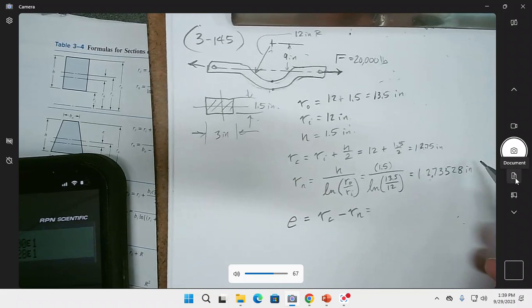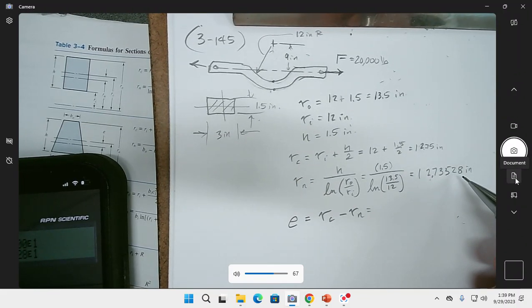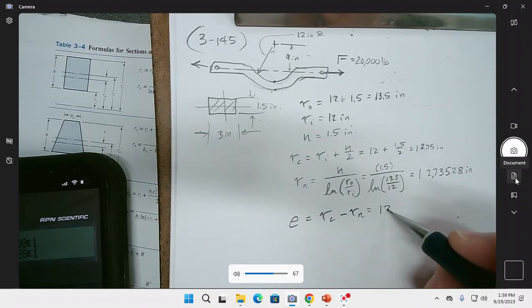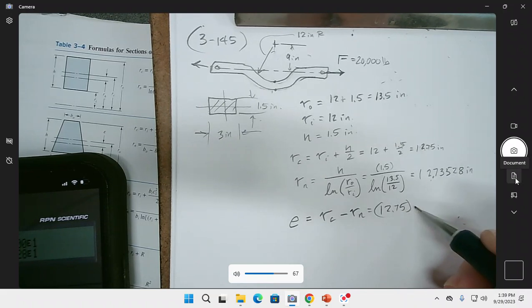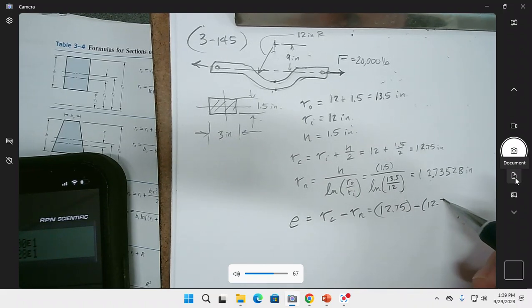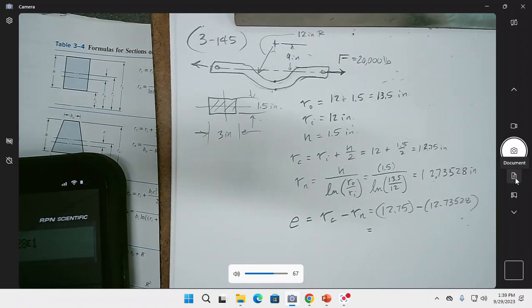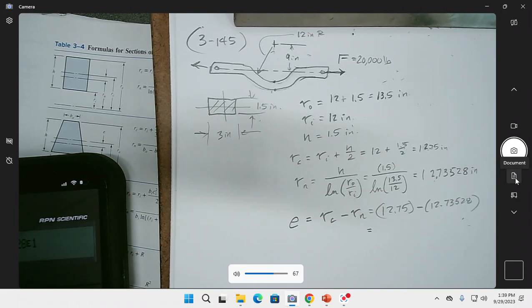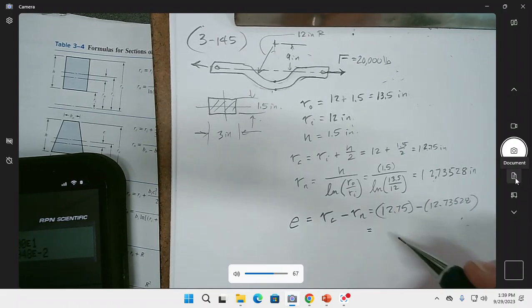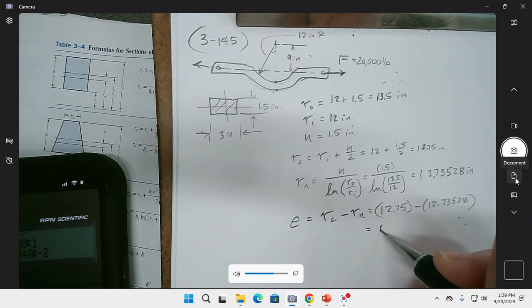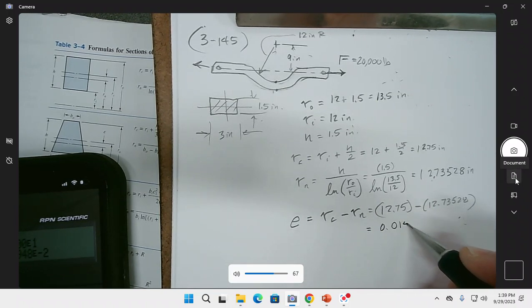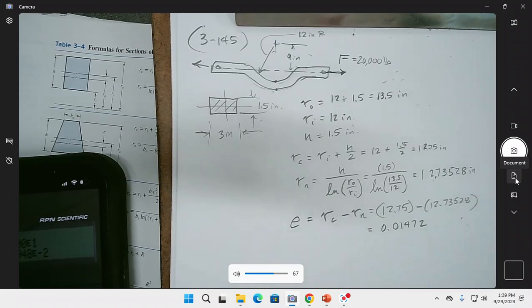So you can see why I wanted so many sig figs. You're going to go 12.75 and subtract out 12.73528, and you're going to get 0.01472. Four is enough.